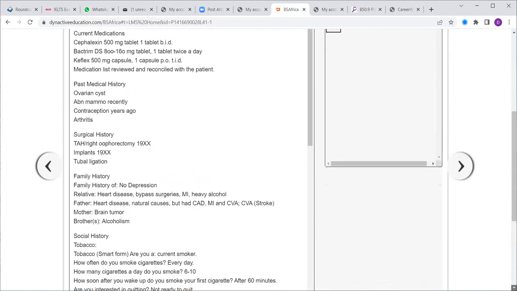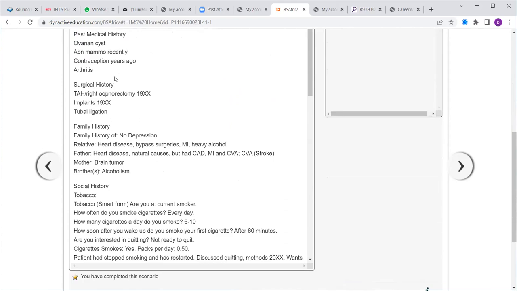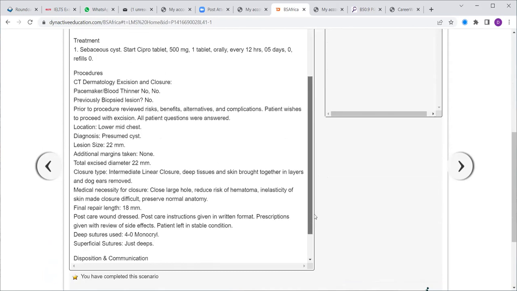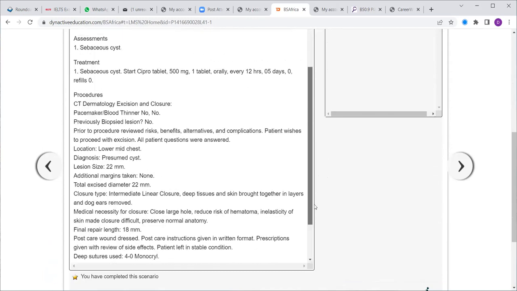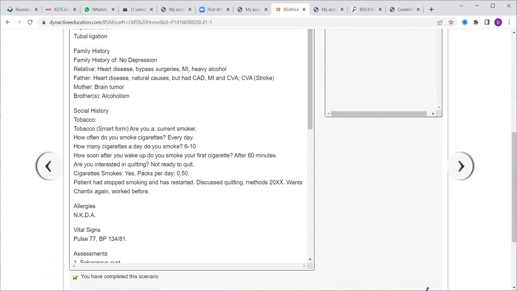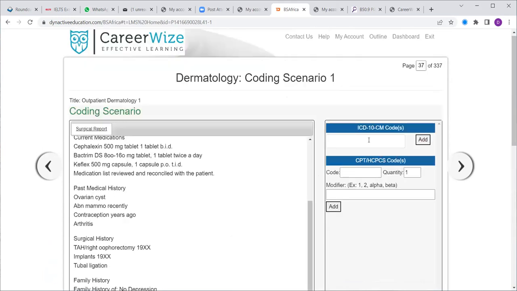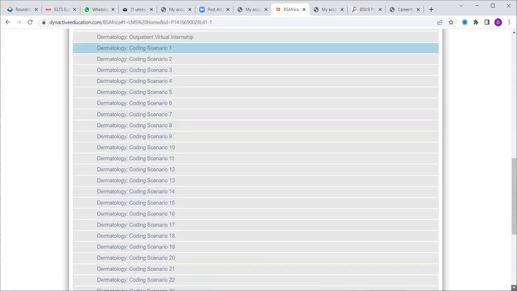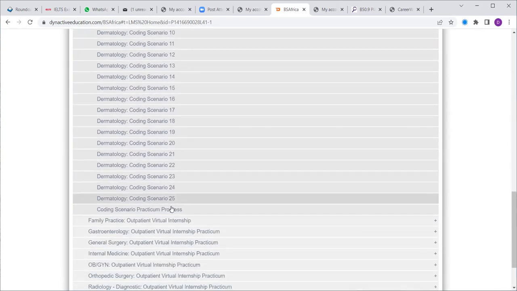You know, the detailed diagnosis by the doctor, tests, everything exactly as you see it in the health record. Detailed. And you, the coder, you must read and understand this and code it. That's not the only scenario. Look at dermatology scenarios also, 25.